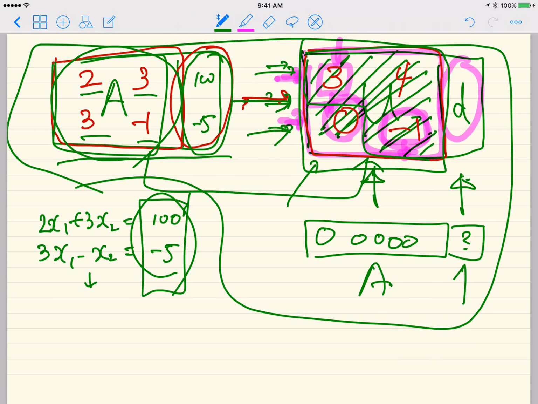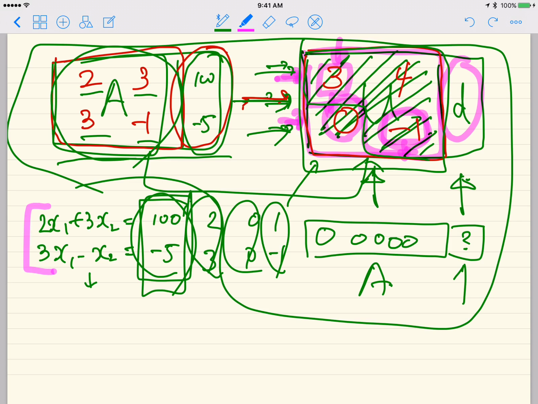So for any vector, 100, minus 5, or 2, 3, or 0, 0 even, or 1, minus 1, all these vectors are linear combinations of what? Those 2 comma 3 and 3 comma minus 1. If you do some linear combination using these two vectors, you can always create any vector that we are given.